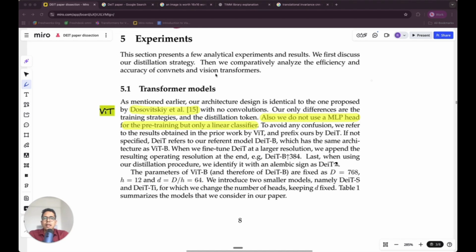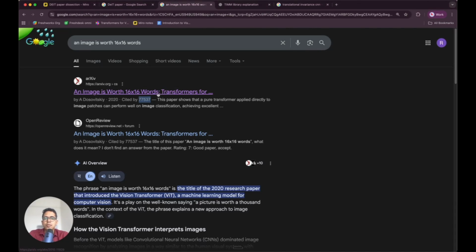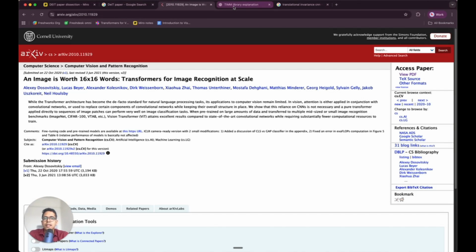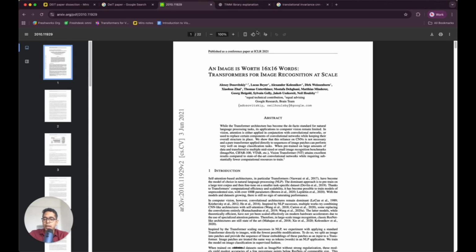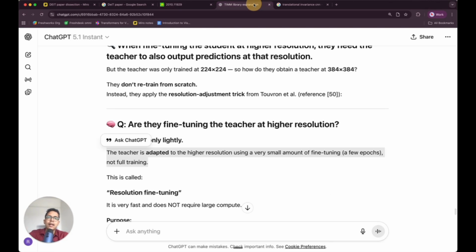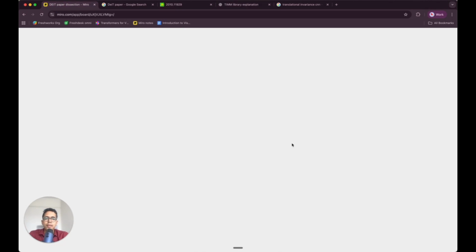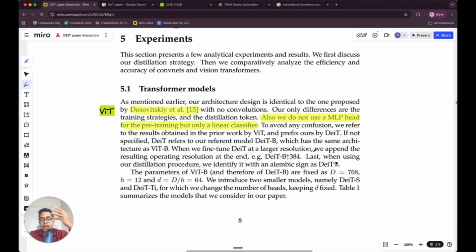So what that means is the MLP classification head, which was present in the vision transformer paper, is replaced by a linear head. I was a little bit confused because I did not remember entirely whether the MLP head contained a hidden layer or not. If it contained a hidden layer of 4x higher dimension, say a 768 dimensional context vector, you project it into a 4x dimensional space, then project it back into the same dimensionality, and then perform classification.